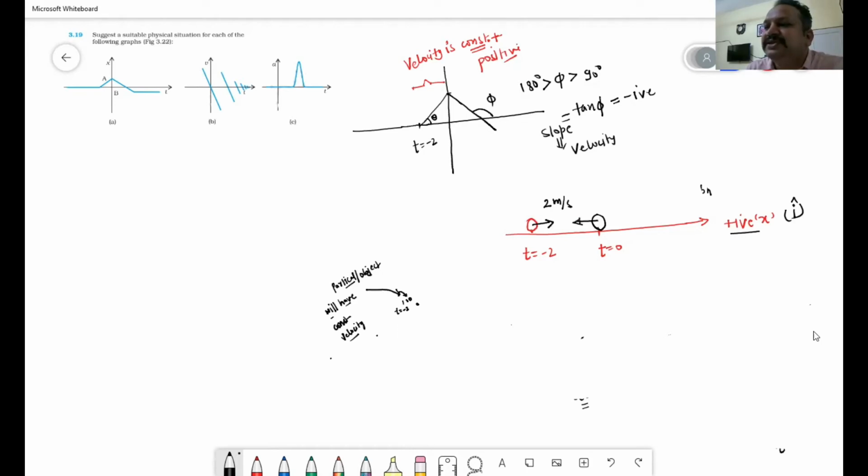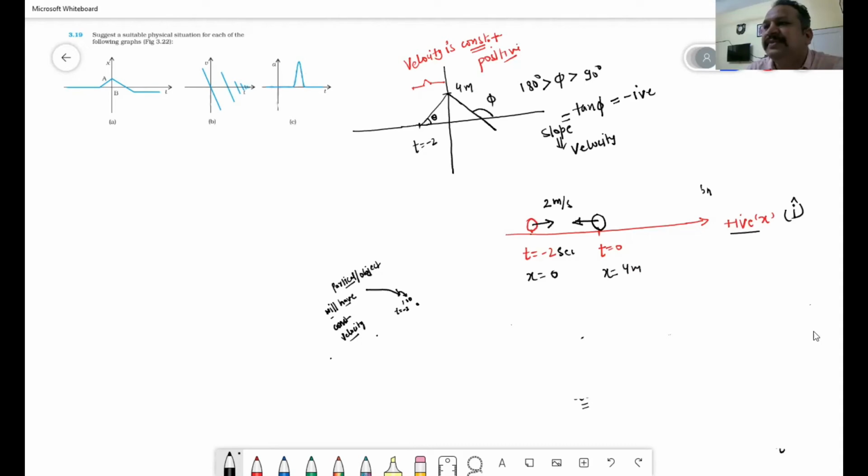So it will change its direction. Now again you will see it will move, because at time t equal to -2 seconds its position is x equal to 0, but at time t equal to 0 seconds its position becomes some x, suppose 4 meters, for example.